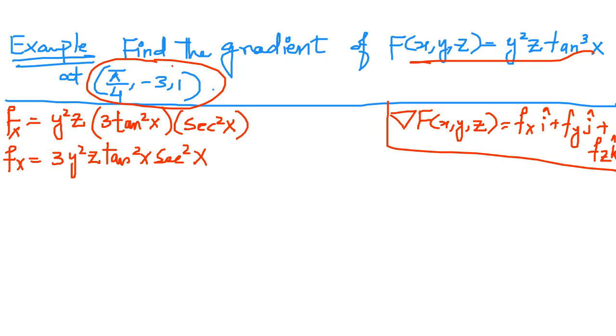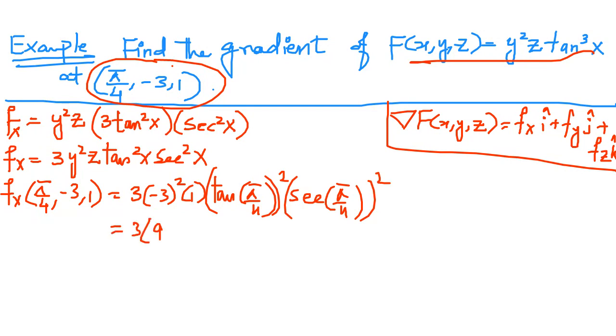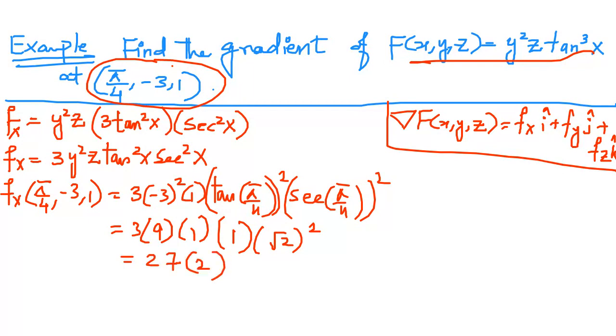Now substitute the point pi by 4, minus 3, and 1: that is 3 times minus 3 square times 1 times tangent of pi by 4 whole square times secant of pi by 4 whole square. So 3 multiplied by 9 multiplied by 1; tangent pi by 4 is 1 and secant pi by 4 is square root of 2. So that is 27 multiplied by 2, which is equal to 54.